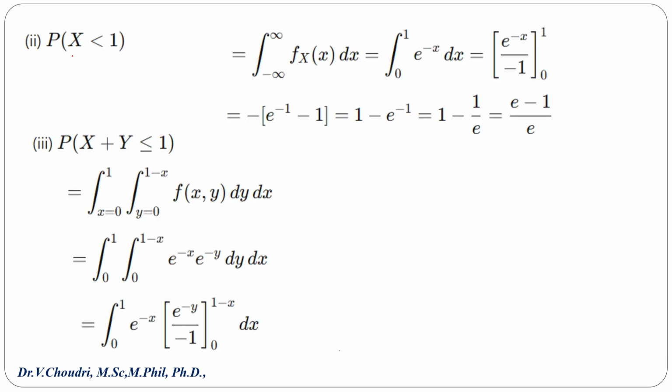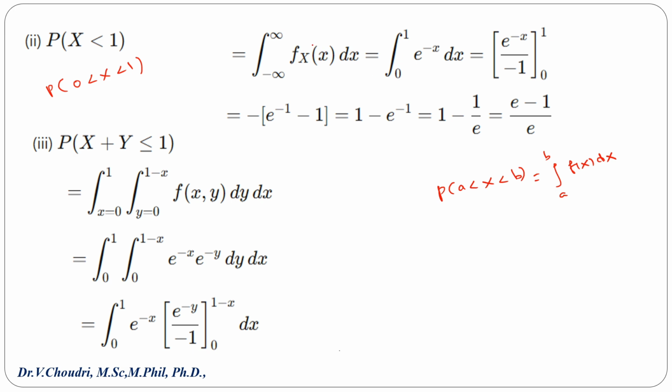Second, P of X less than 1. See here, the lower limit is not given, that is 0, from the problem: 0 less than x less than 1. What is the formula? P of a less than x less than b equals the integral from a to b of f of x dx. Here the lower limit is 0 and the upper limit is 1.